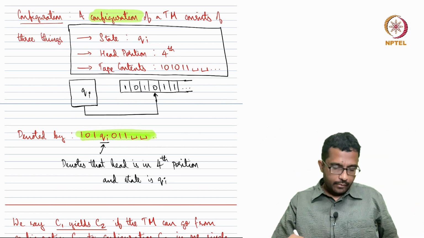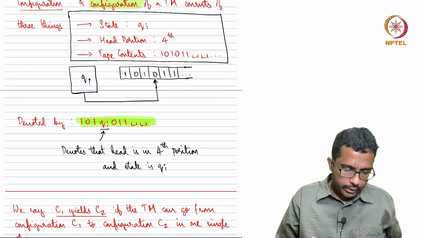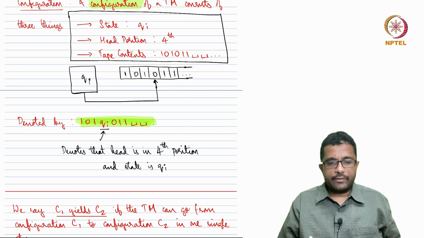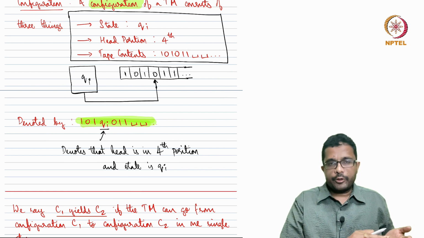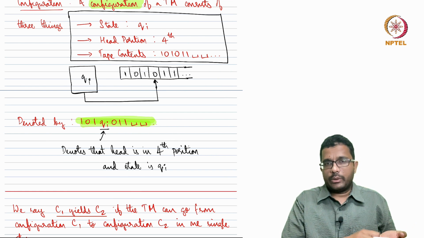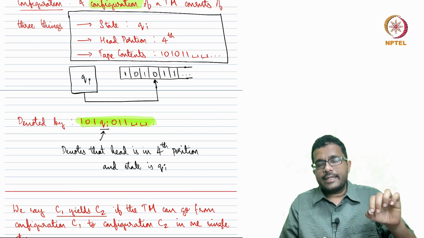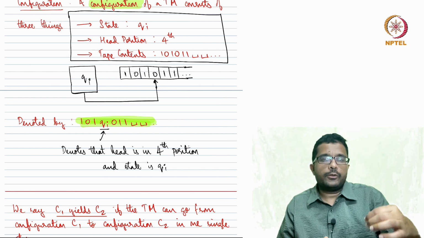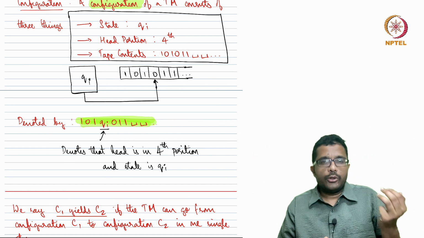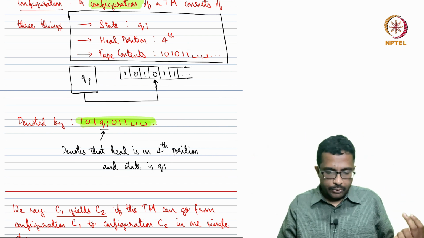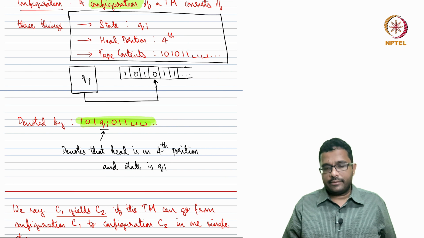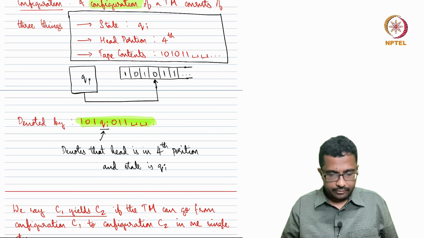Okay. So this is one way to denote the configuration. Instead of telling state Qi, head position 4th and tape contents 101011, I can just give this string in which the state is inserted into the 4th position. So then you know the state, you know the head position, and also the rest of it gives you the tape content.